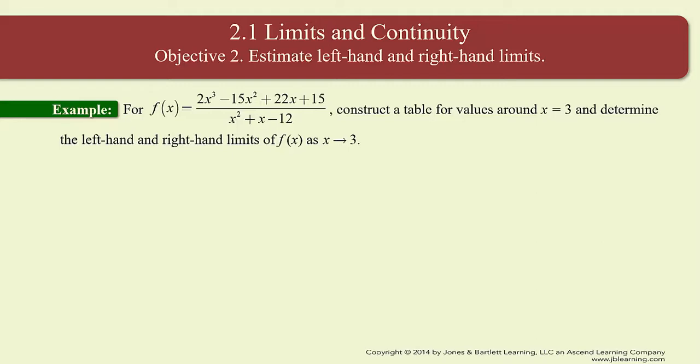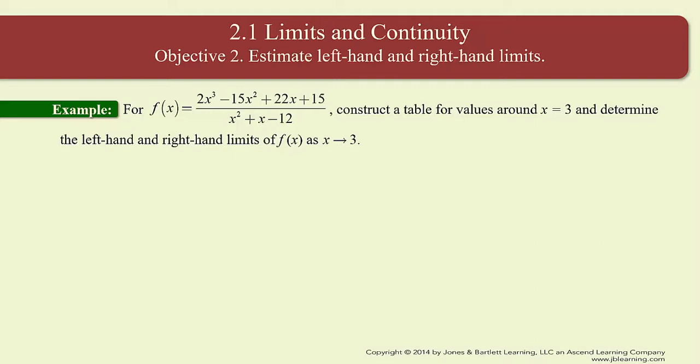I think you would see that 3 is not in the domain of that function, that if you put 3 in for the x's, the denominator would be 0. Can't divide by 0. So we're going to make a table of values, and we're going to try to determine what the left-hand and right-hand limit of the function is as x gets close to 3.